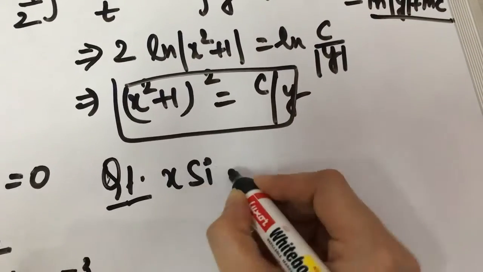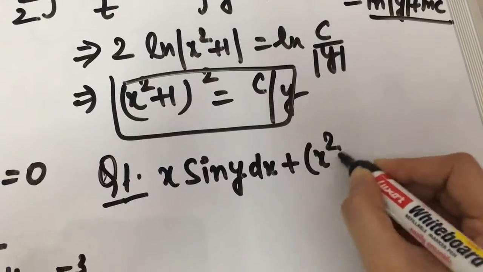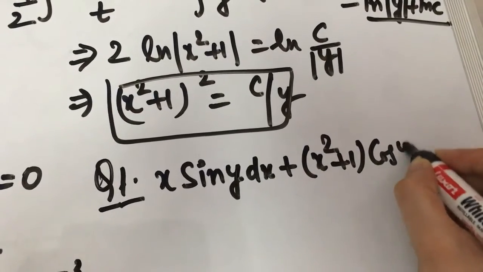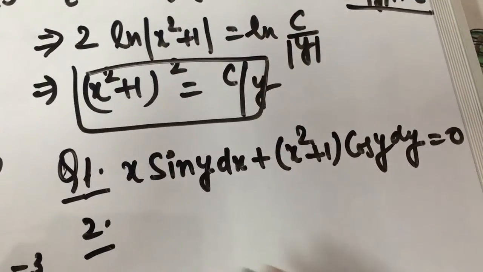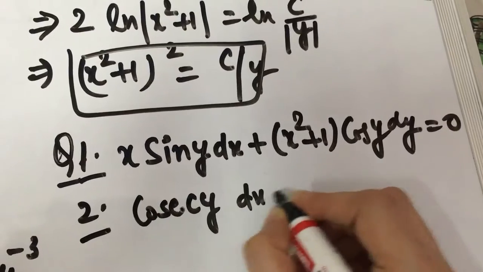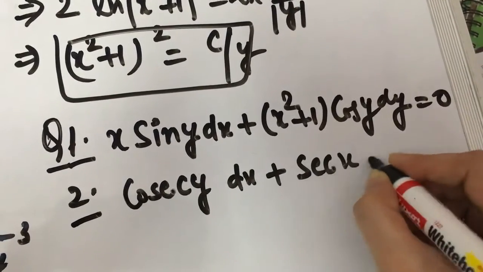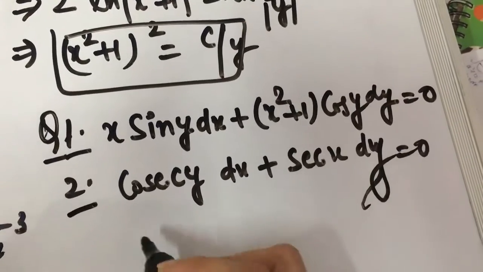The first question is x sin y dx plus (x square plus 1) cos y dy equal to 0. Second is cosec y dx plus sec y dy equal to 0.